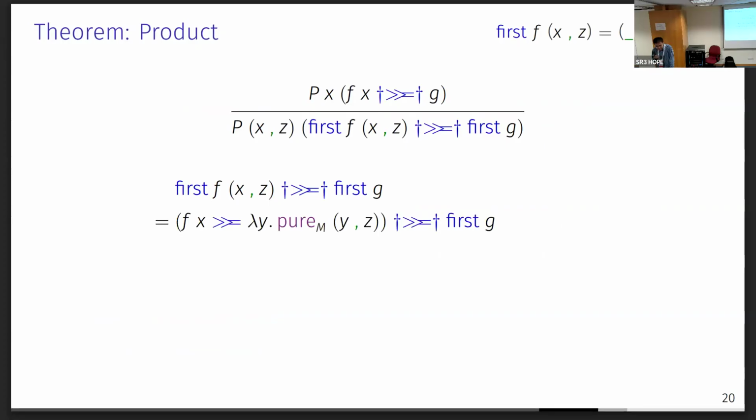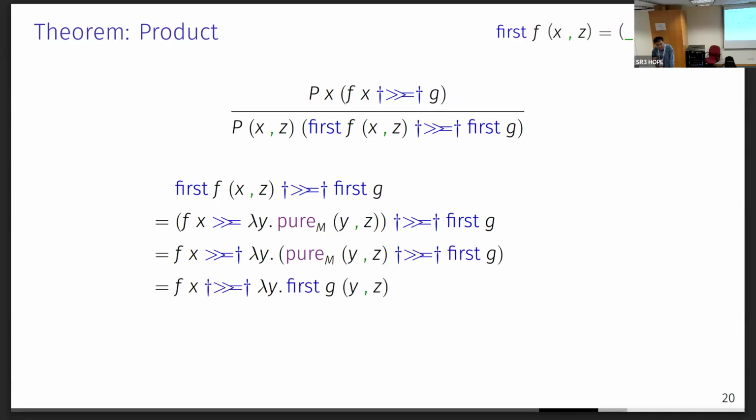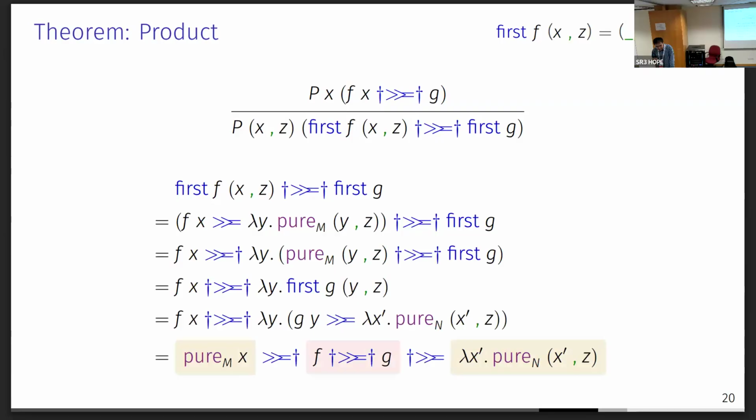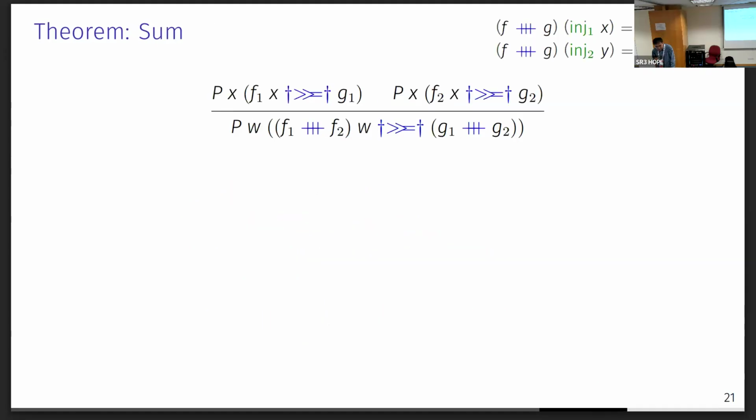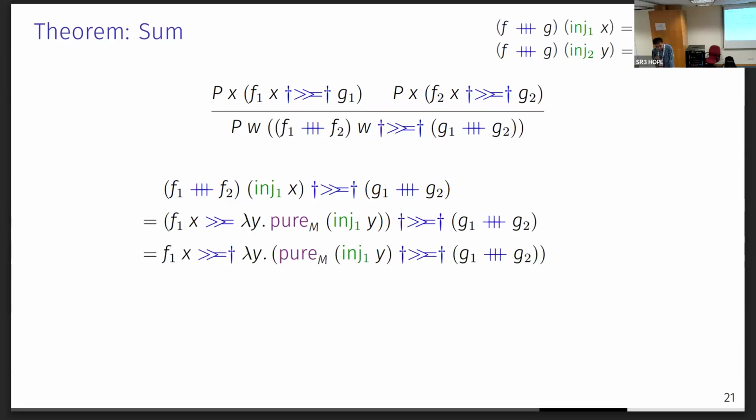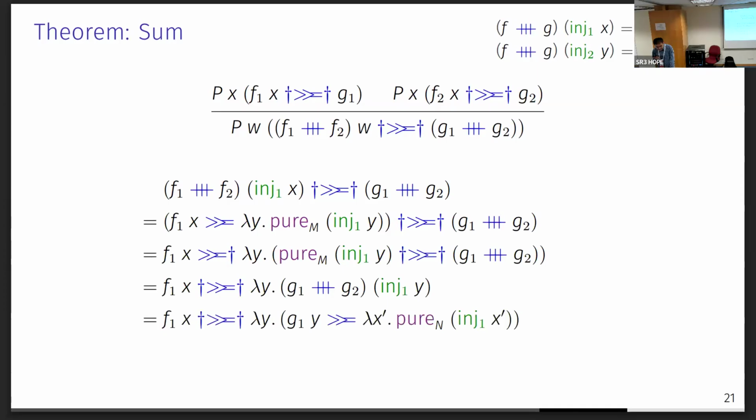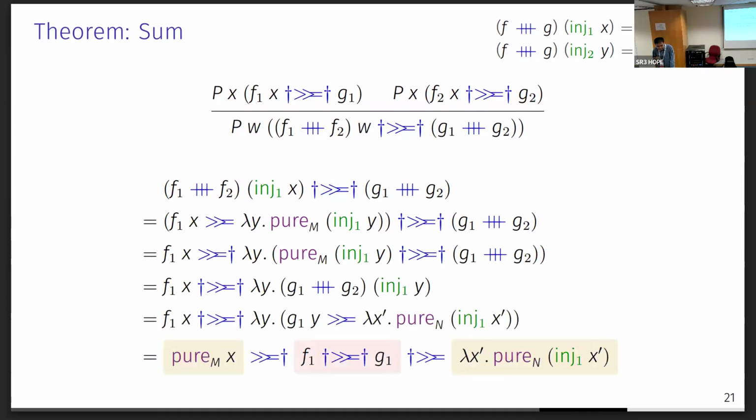We just expand the definition and use the associativity law and identity law, and then expand again, and then use associativity with identity to have this sandwich structure, which fits directly into the previous sandwich axiom, where we can apply that axiom and simplify everything so that the composition of first F and first G follows from the composition of F with G. And we have a very similar situation for sums. We can still start with its composition and expand by definition, reassociate, eliminate identity, and expand again, and form this sandwich structure where we can apply the other axioms and get the theorem we want.